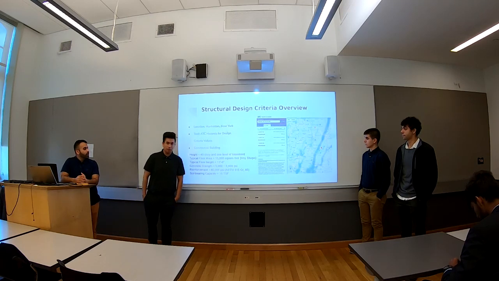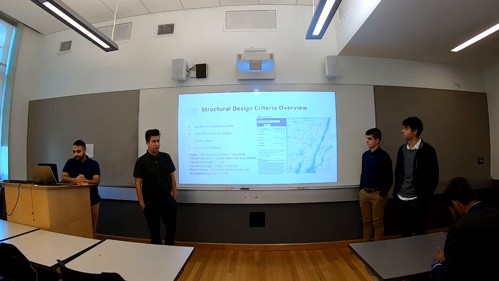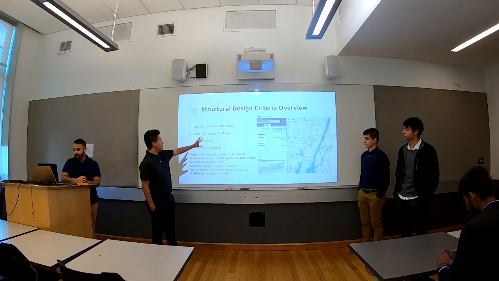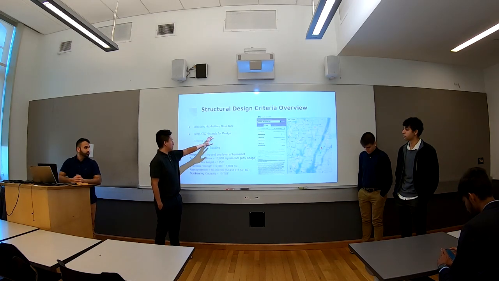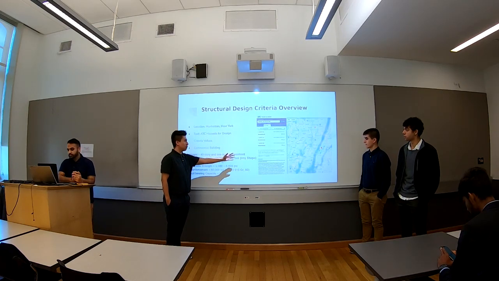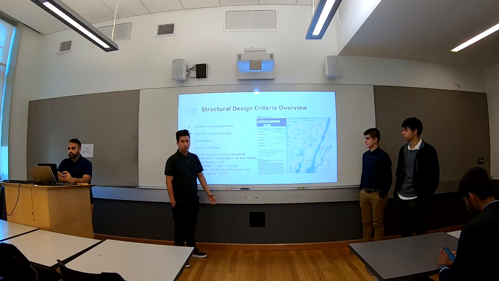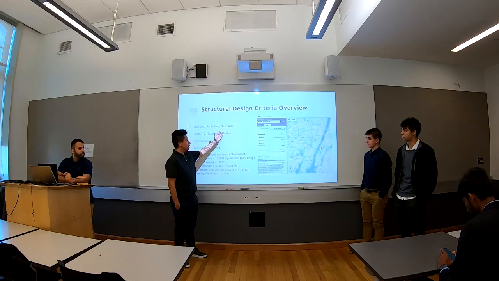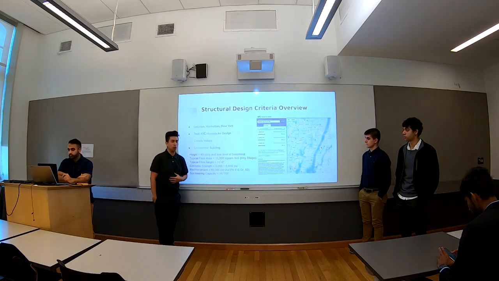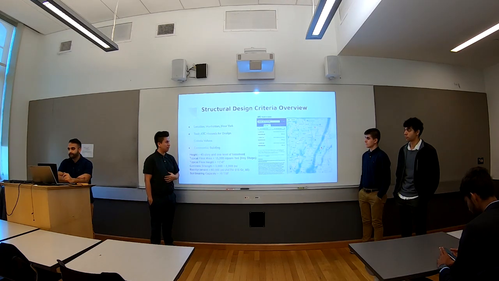Before you go into the design criteria, determining the loads and some of the other criteria that we need for a design, one of the most important tools is ATC Hazards, which is used for design. The way you use this tool is that depending on the location of your project, which for ours is Manhattan, New York, you're able to get values such as the snow load, wind, and seismic, that you later use through the codes, ASCE and the IBC.